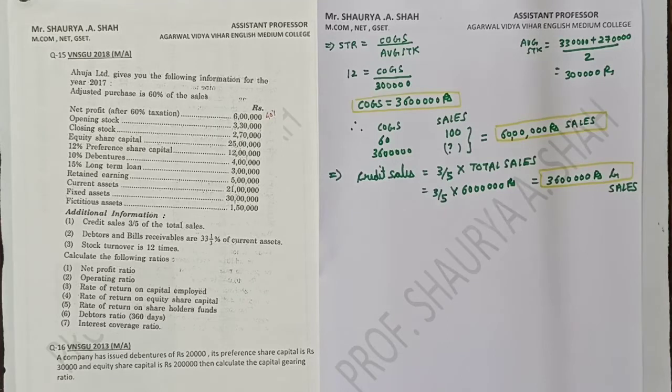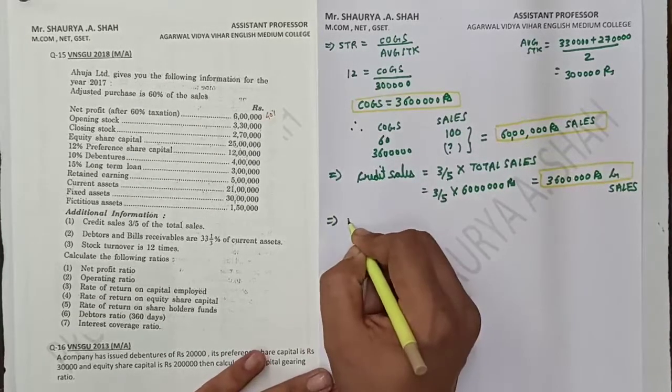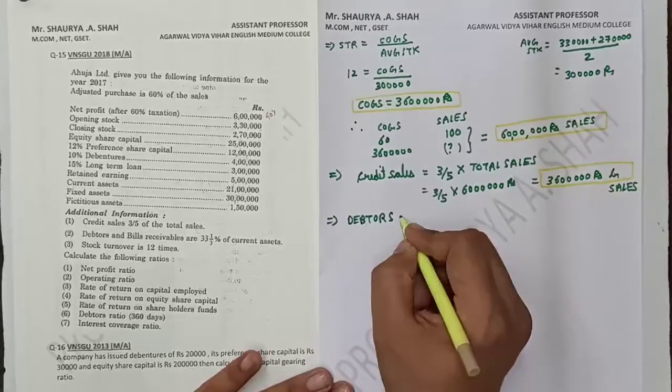Fine. Now after I found out this thing, right, I need one more piece of information which is already given in the sum, that is debtors and bills receivable are 1/3 of current assets, right? So I'll calculate the debtors plus bills receivable amount also, because I need that in the debtors ratio, right?